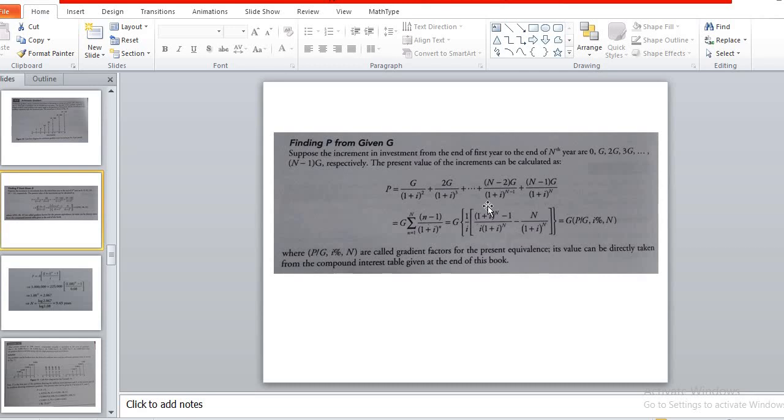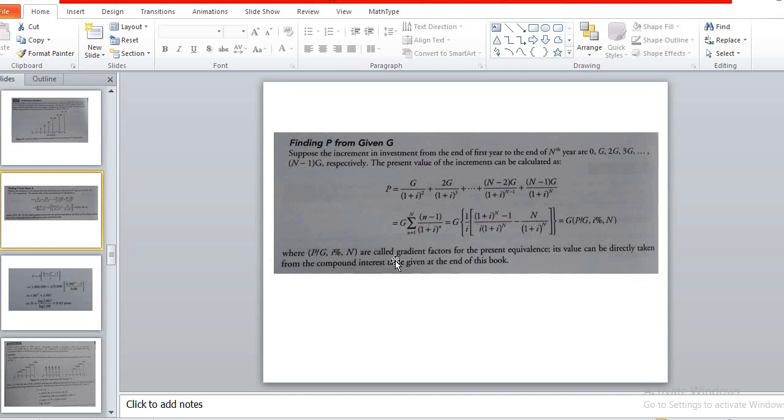With simplification of this, we will get this bracket as G into 1 upon i into the bracket [((1 plus i) raised to n minus 1) divided by (i into (1 plus i) raised to n) minus n upon (1 plus i) raised to n]. This bracket is called the gradient factor.